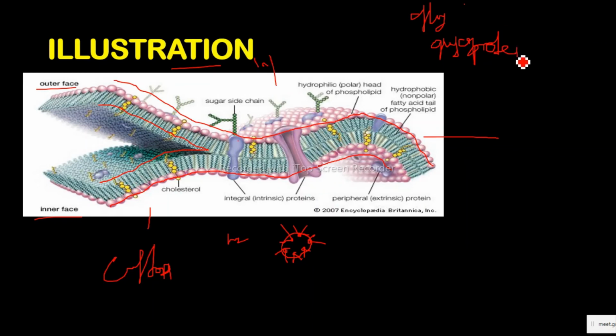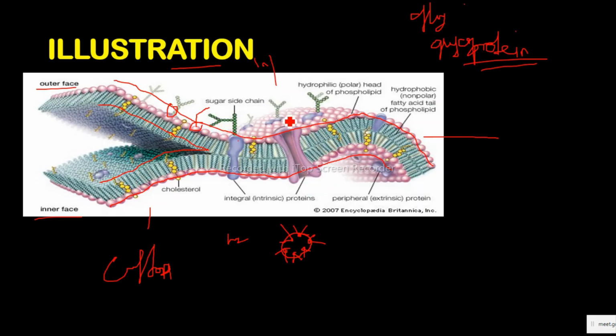Then a carbohydrate that is attached on a lipid is known as, for example, now like this one. I hope this one is attached on a lipid. But if I want to illustrate, I can attach it here. So this is a phospholipid. So I can attach a carbohydrate by glycosylation.